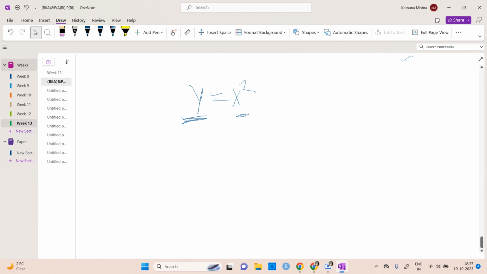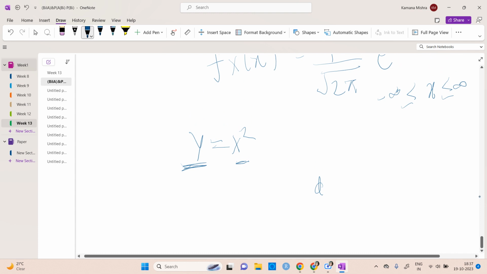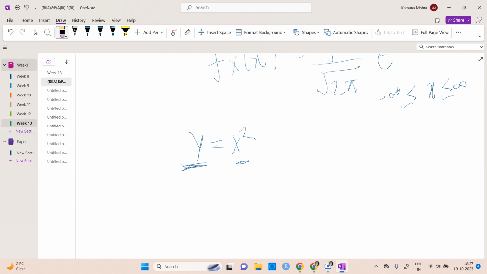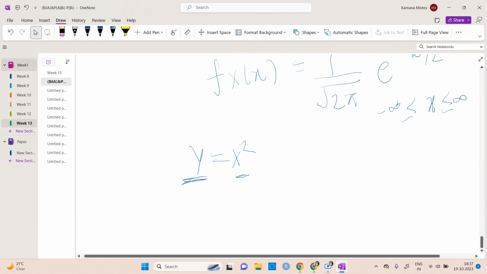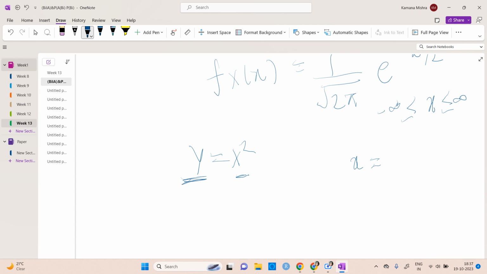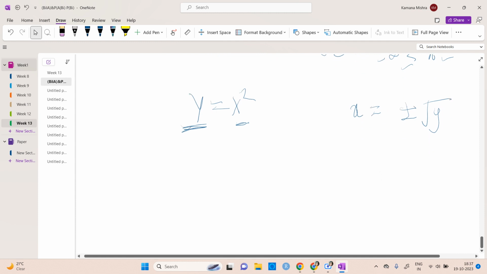So what we do is we take y equal to x squared and find the function. So x is equal to plus minus root y, right? We write this as functions.